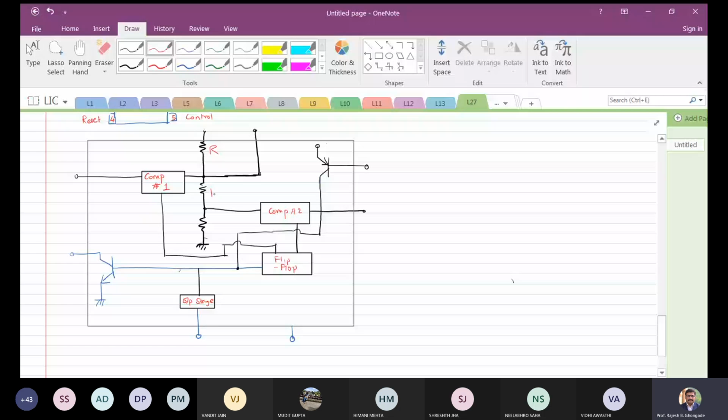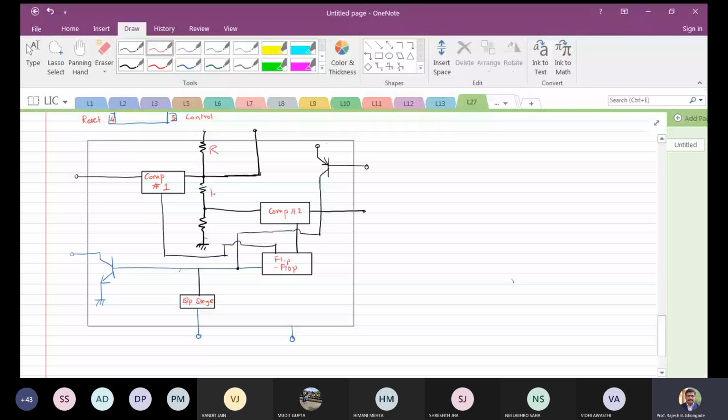This is the reset pin. Here we have the internal VREF reference voltage. This is the control voltage.